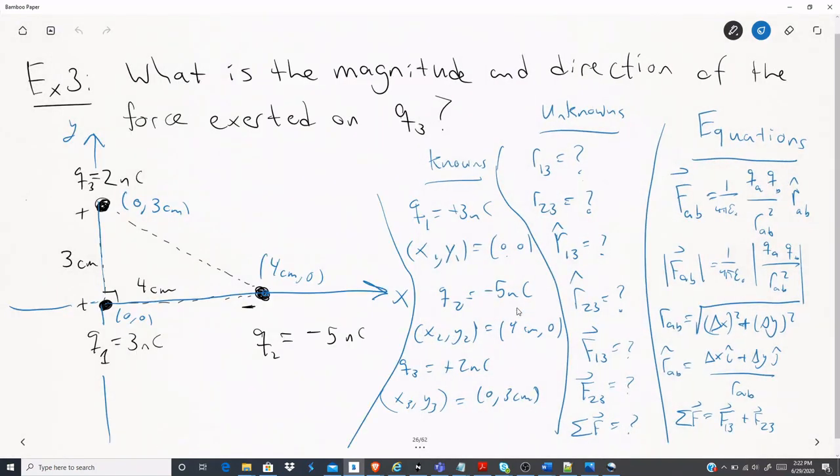For R13, this is relatively easy, because if you go back on the previous page, you can see pretty clearly that this side of the triangle is the distance from charge 1 to charge 3. That should be pretty obvious. You can use the formula and you will get that answer, but we'll just say that is 3 centimeters.